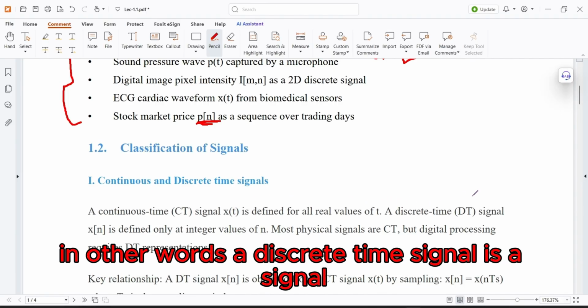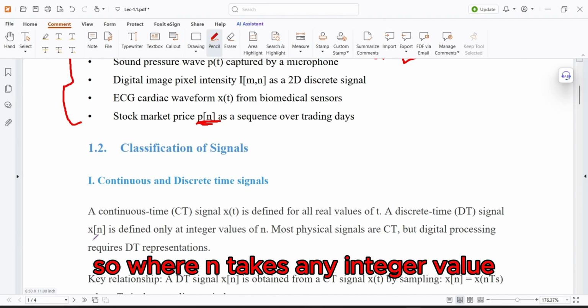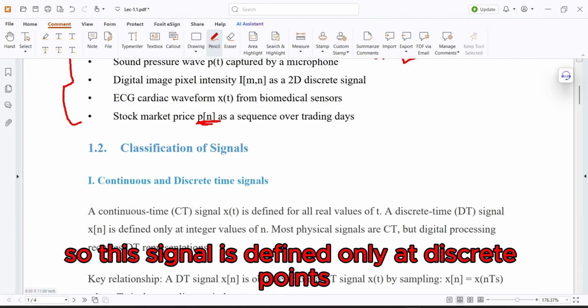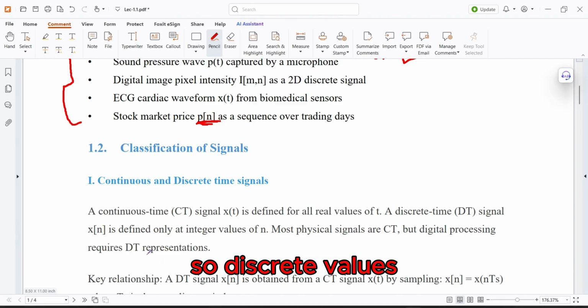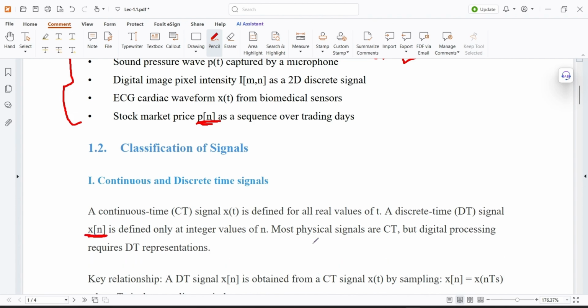In other words, a discrete time signal is a signal which can be represented by x of n, where n takes any integer value. Integer values are discrete values. So this signal is defined only at discrete points. That's why we call it a discrete signal.